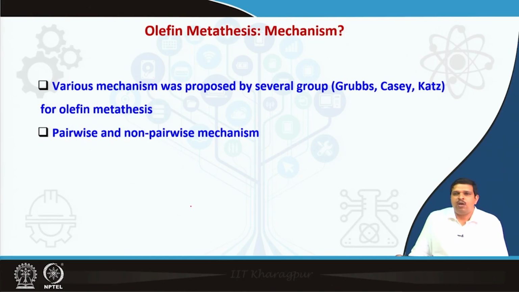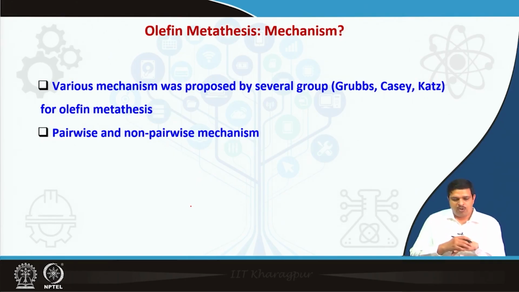Another very interesting point is that these catalysts are also tolerant of and compatible with different functional groups. The mechanism of metathesis reactions was initially seen to be very complicated, and that is why different groups proposed different mechanisms.